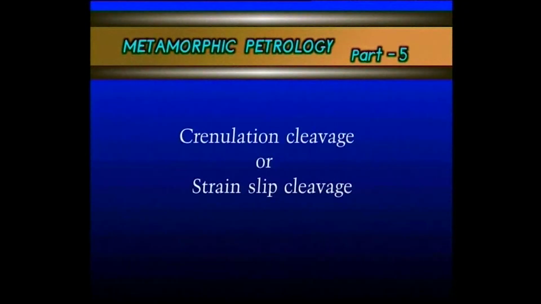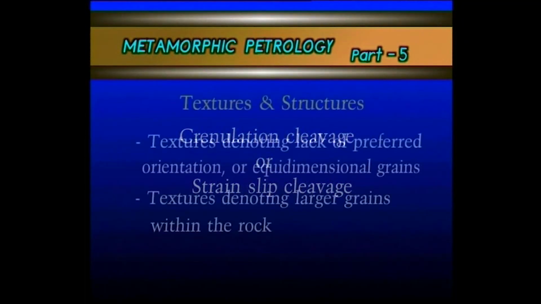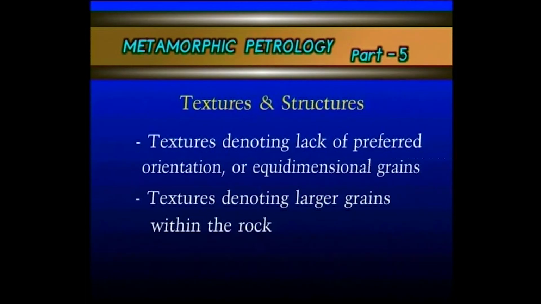Crenulation of a schistosity or other cross lamination forms a new planar feature or a cleavage in the rock, sometimes called strain-slip cleavage. The third important type of structures is by the grain size and orientations.